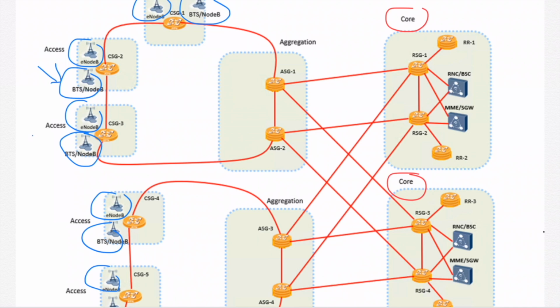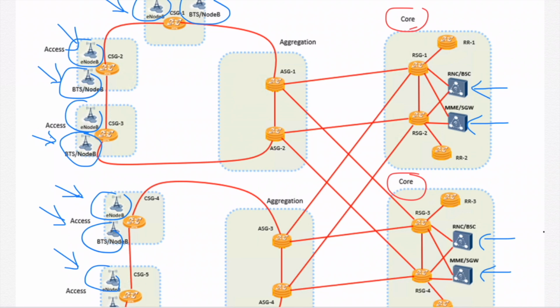The IPRAN sites are distributed to the different core sites. We can find a number of IPRAN sites supported by the RNC, BSC, MME and SGW in core site number 1, and another number of IPRAN sites in the access supported by the RNC, BSC, MME and SGW located in core site number 2.